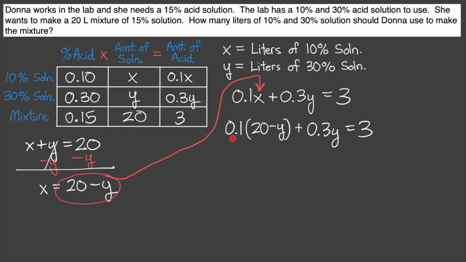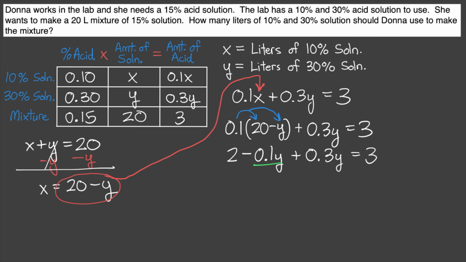Okay, next we'll distribute the 0.1 into these two terms here. So we'll go 0.1 times 20 and 0.1 times y. 0.1 times 20 is just 2, minus, and then 0.1 times y, that's just negative 0.1y, plus 0.3y equals 3. All right, we're almost there. We want to combine like terms on the left here.